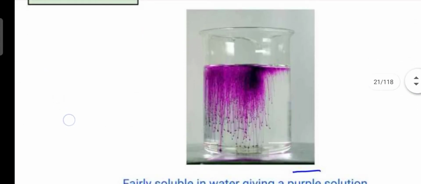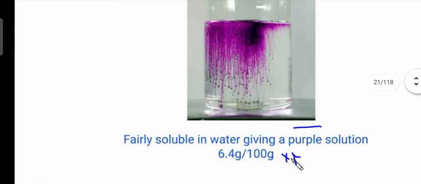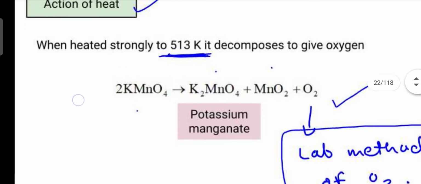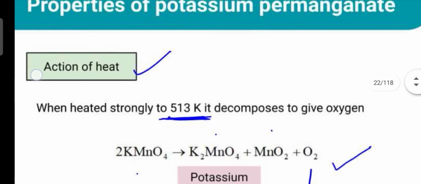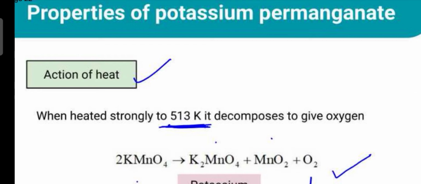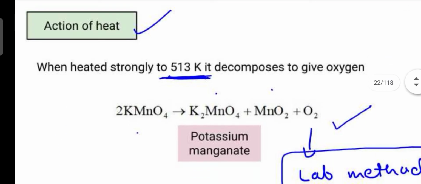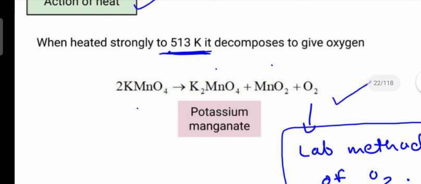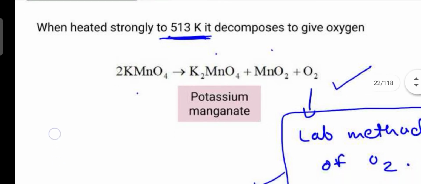Properties of potassium permanganate: solubility. It is fairly soluble in water, giving a purple color solution. And this is also used for titration, as an indicator. Action of heat: when heated strongly to 513 Kelvin, it decomposes to give oxygen. 2KMnO4 gives K2MnO4 plus MnO2 plus O2.